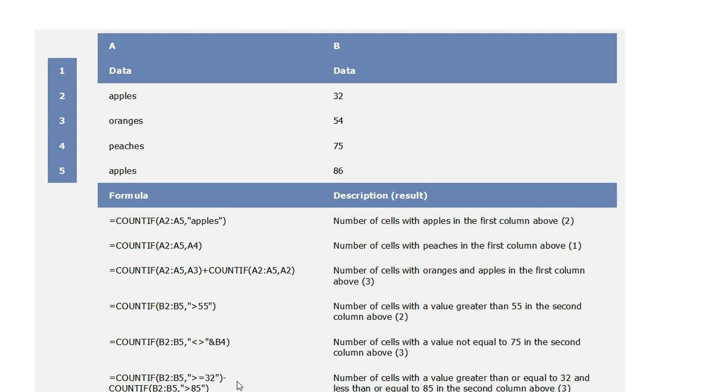Then we subtract the number of values that are greater than 85 in this range. The number of values that are greater than 85 is just 1. So we say 4 subtract 1. 4 minus 1, we get a 3. That's it. We are done with the CountIf function.